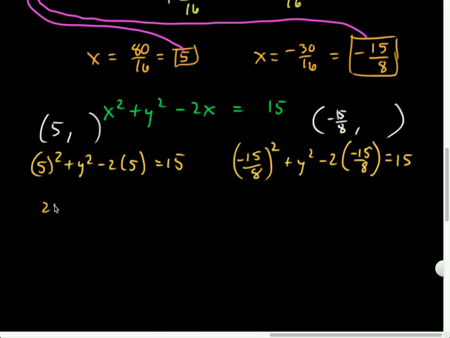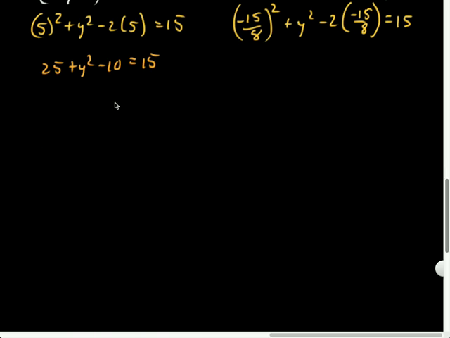Simplify. 5 squared is 25 plus y squared minus 10 equals 15. Hey, it's a quadratic equation, but there's no linear y term, so I'm just going to isolate the y squared and then root both sides. So subtract 25, add 10, and I will get y squared equals 15 minus 25 is negative 10, plus 10 is 0.